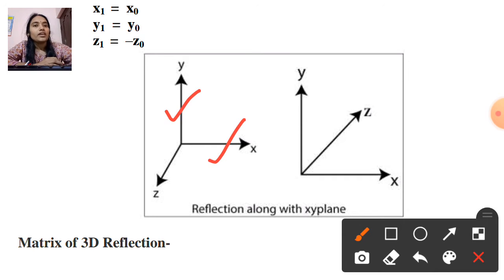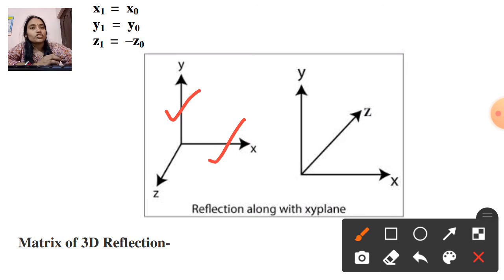Here the z-axis is there, but when we reflect the image, the z-axis becomes negative.